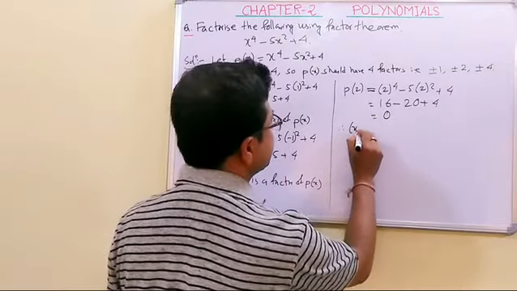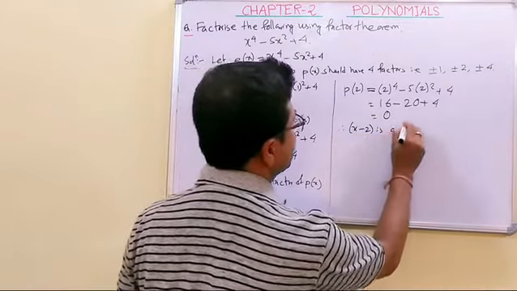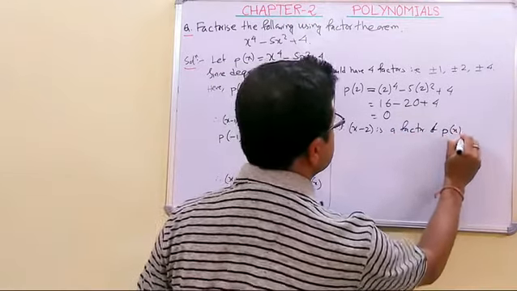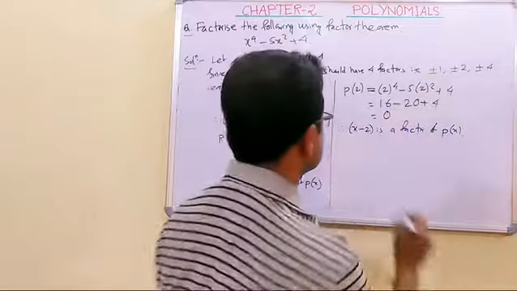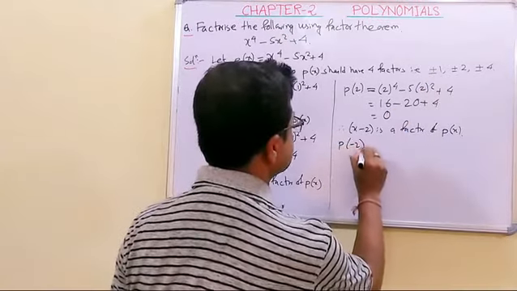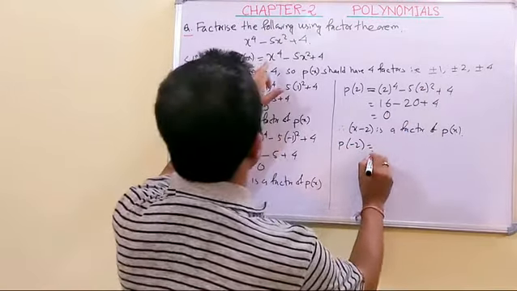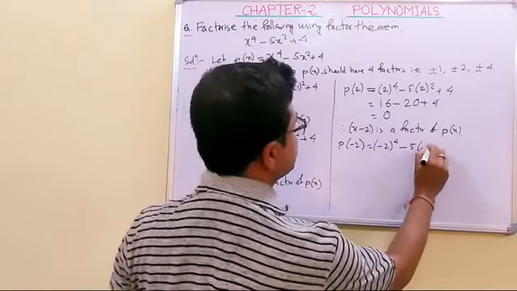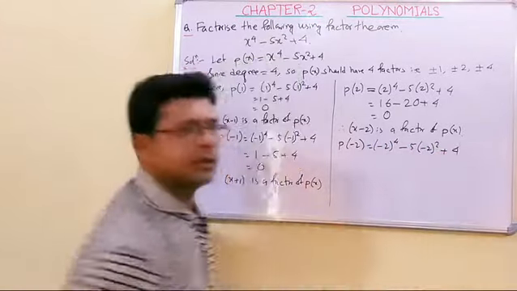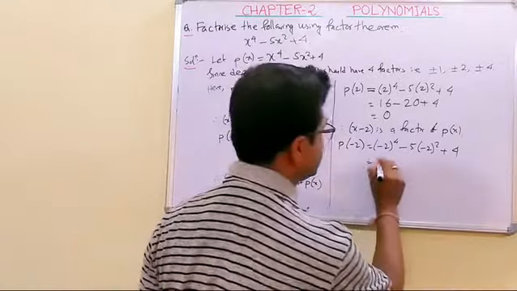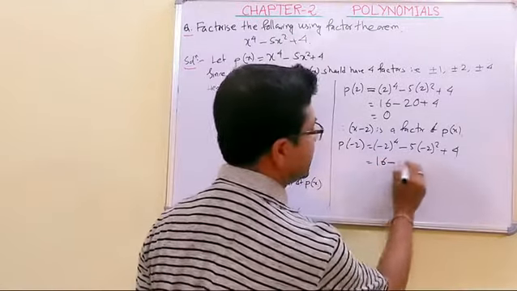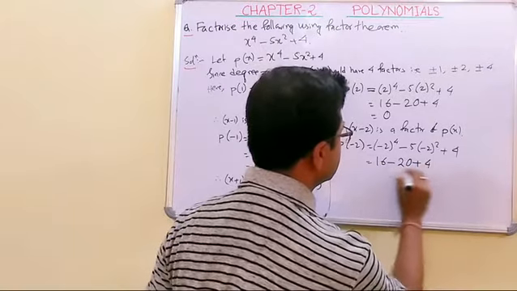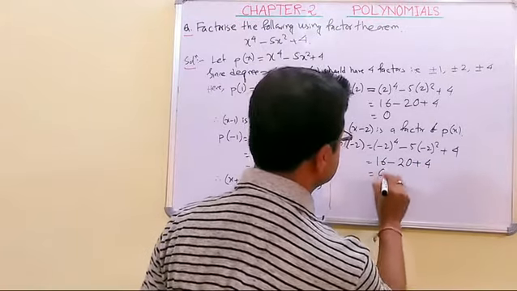Therefore, x minus 2 is a factor of p(x). Let us try minus 2. P of minus 2: minus 2 to the power 4 is 16 minus 5 into minus 2 square, which is 20, plus 4. 20 minus 20 is also 0.